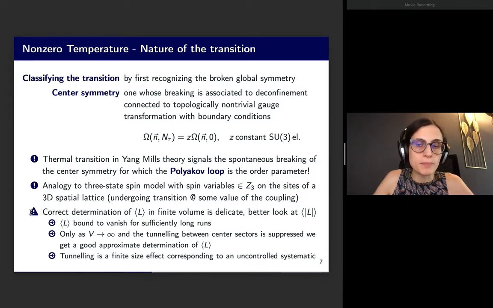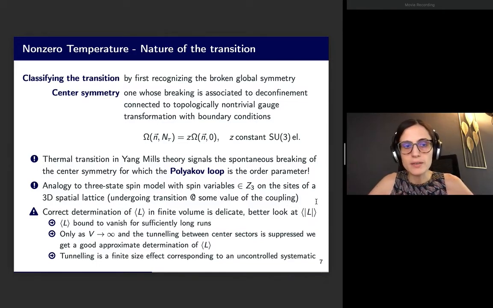And one important point, as we said, we want to see what observable we want to measure in our lattice simulations in order to locate and classify the phase transition, is that the correct determination of the expectation value of the Polyakov loop in a finite volume is a delicate matter, and it is actually better to look at this quantity instead.